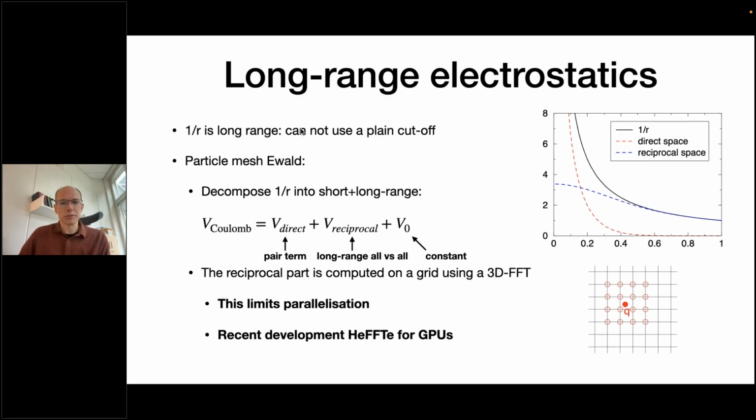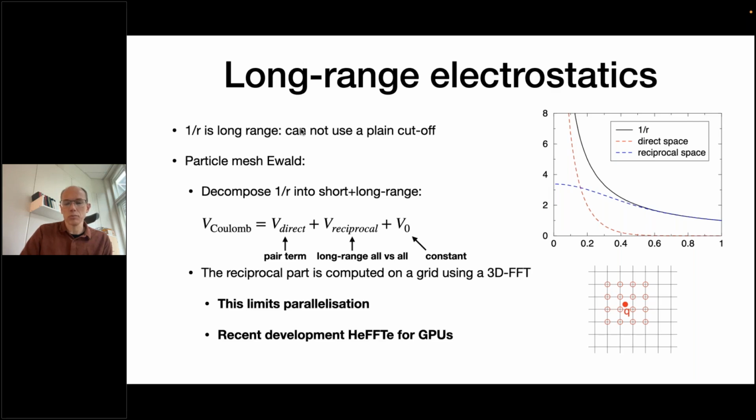We can compute the direct red part through computing pair interactions within a cutoff, and the long range part we do by spreading the charge on the grid, and then we can use the 3D FFT to solve the Poisson equation in reciprocal space, which becomes trivial there. It's just multiplication. This is computationally very efficient in terms of flops, but it limits the parallelization.